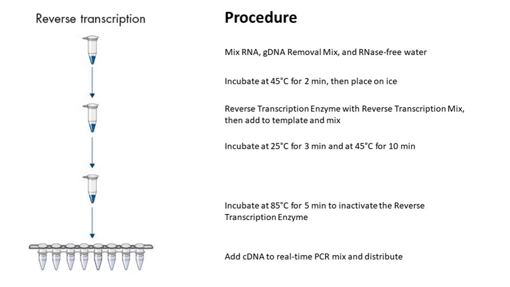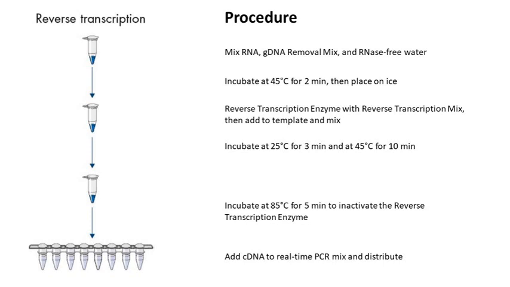Then you need to add genomic DNA removal mix and make up the volume with RNase free water. How much RNA you take, what is the volume of the RNA, depends upon the concentration of your RNA.